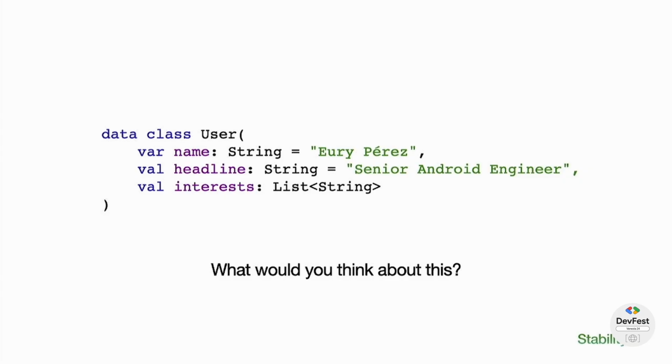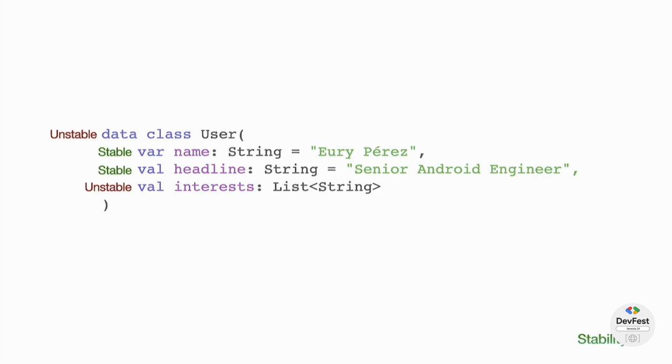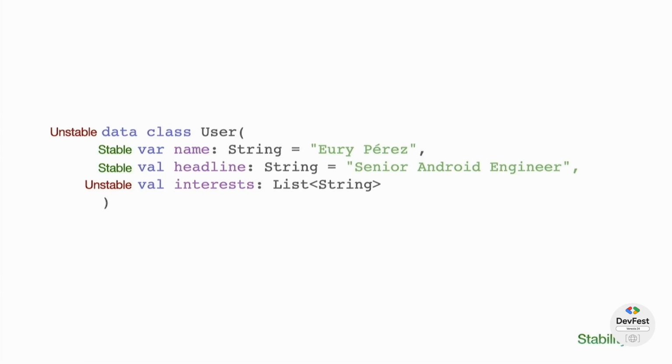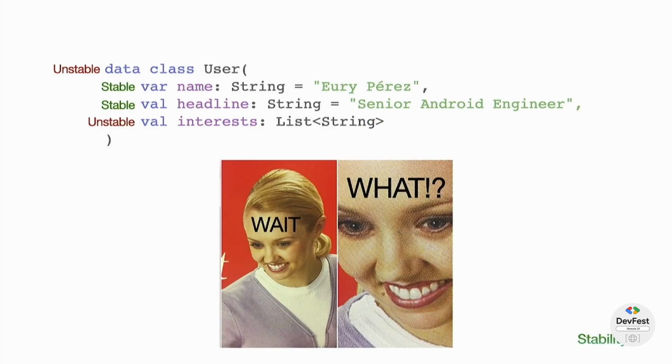So what would you think, it will work? If you're familiar with stability, you know that this class will still be unstable. And you may wonder why, because the list is an immutable list, right? But what happens? Wait, what? So you just said that if it's immutable, it's gonna be stable.